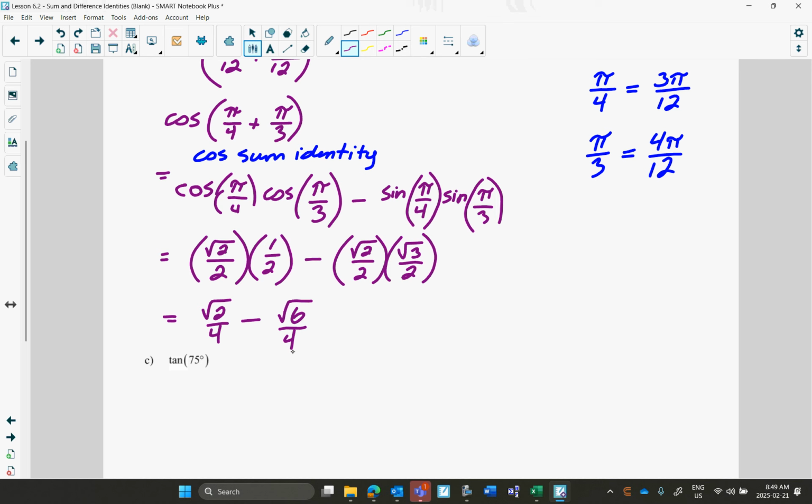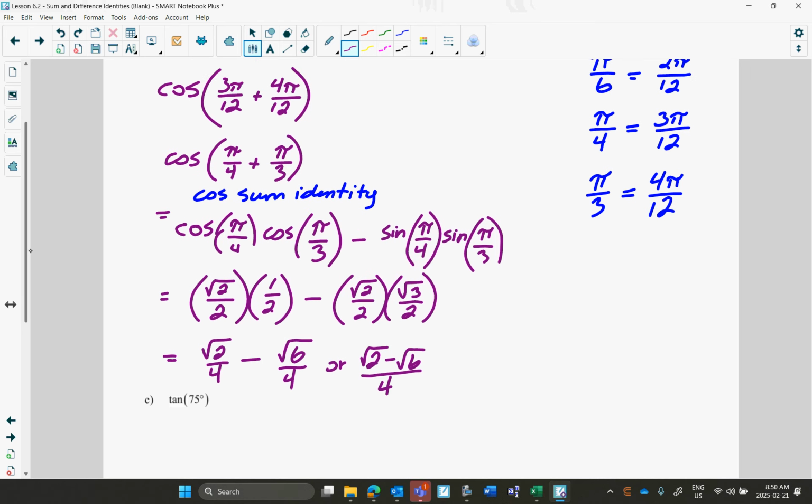If you want to put it into a single fraction, that's correct too. I would accept either one. You don't necessarily have to go to this step. Okay? So that would be our answer, or that would be our answer.